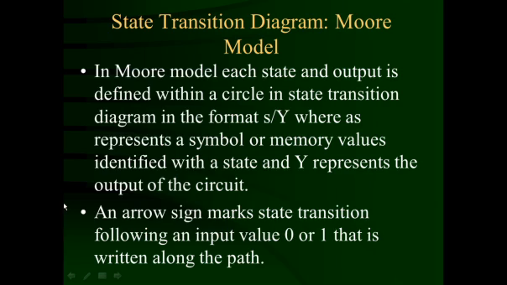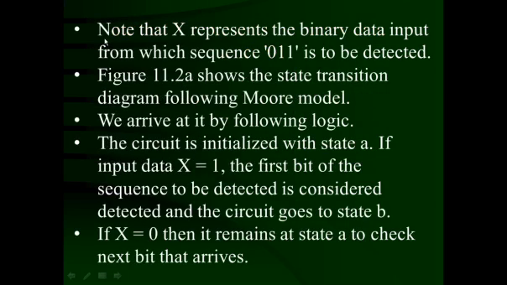So when it makes a transition from one state to another, that means from one circle to another circle, which is shown by an arrow, the input it has received, x equal to 0 or x equal to 1, is also mentioned along with the arrow. So this is the format of the Moore model for a state transition diagram. We'll see that in a figure also. Note that x represents the binary data input from which sequence 011 is to be detected. So this is our target.